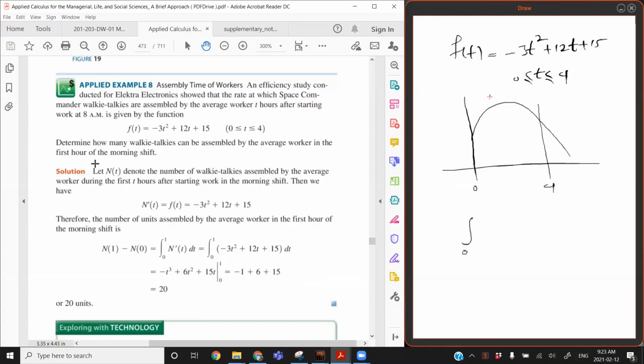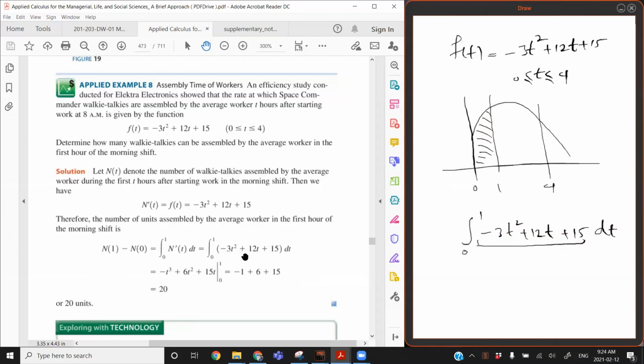So here we are looking for this area. So from 0 to 1, negative 3t squared plus 12t plus 15 dt. We just need to calculate that. We are given the rate of change. We are looking for the net change.